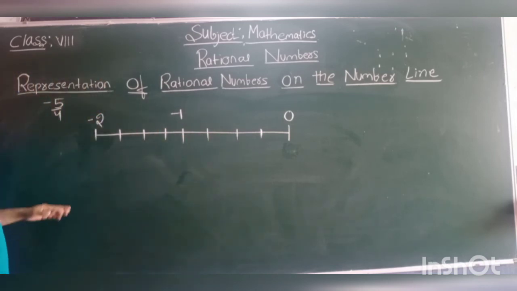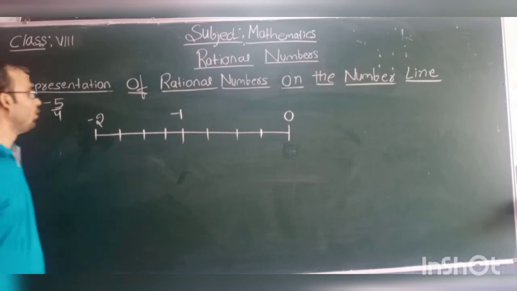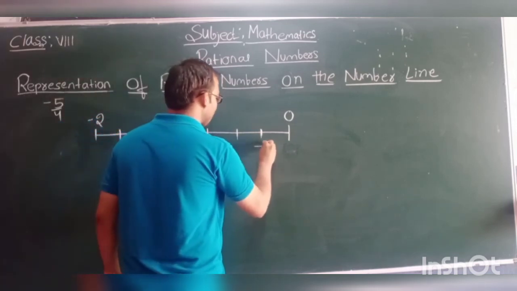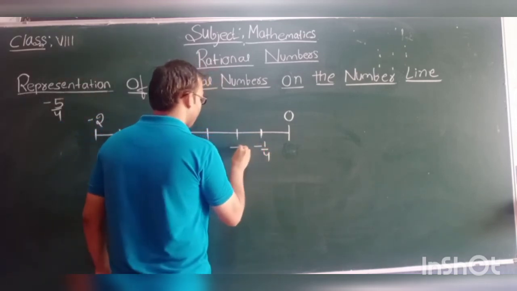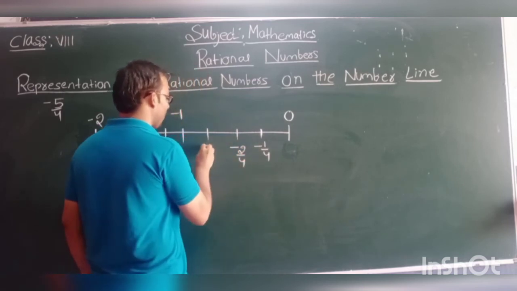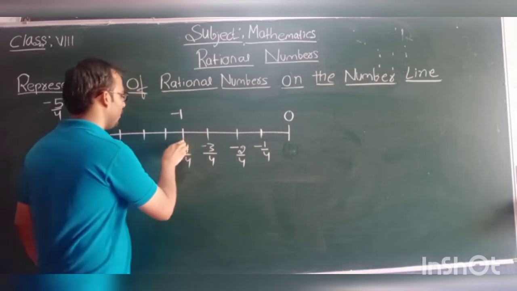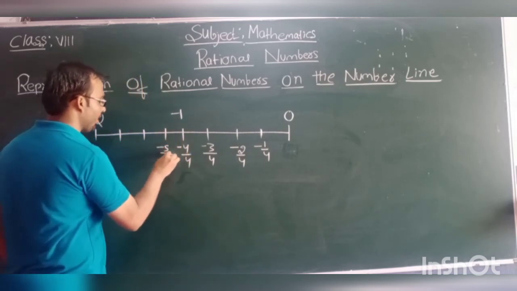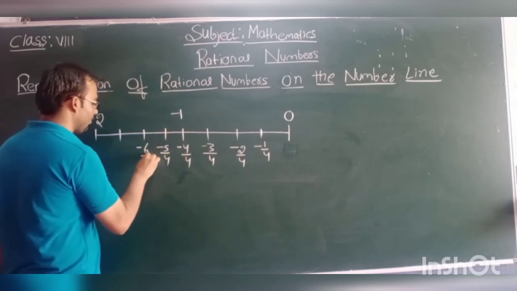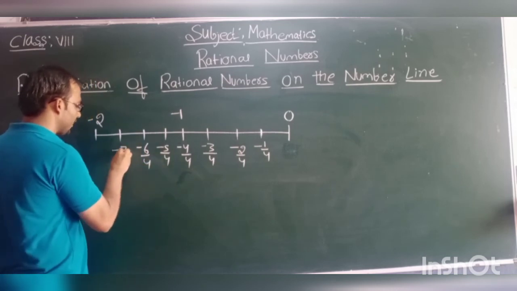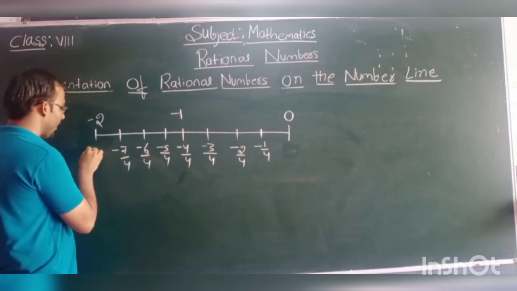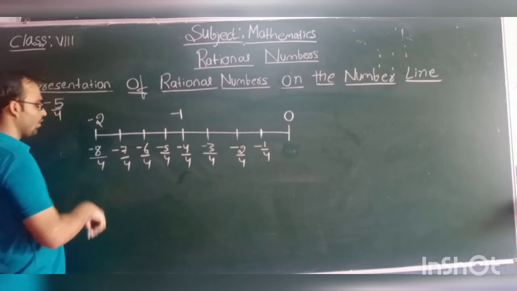So here we want to represent minus 5 by 4. So this can be represented as minus 1 by 4, minus 2 by 4, minus 3 by 4, minus 4 by 4, next minus 5 by 4, minus 6 by 4, minus 7 by 4 and minus 8 by 4.